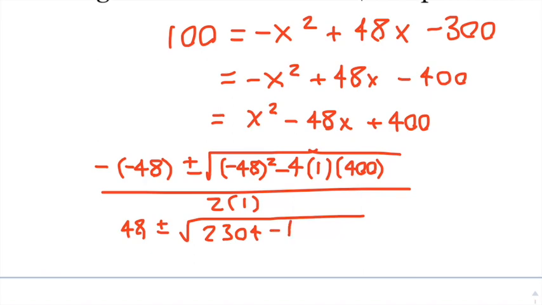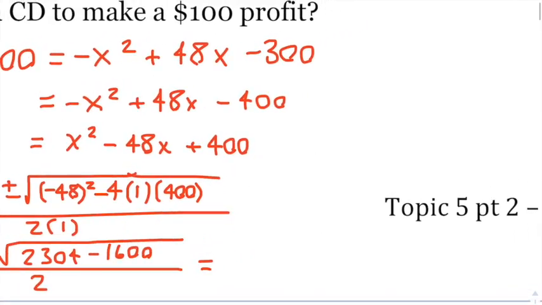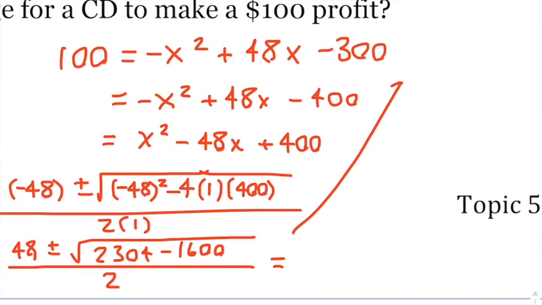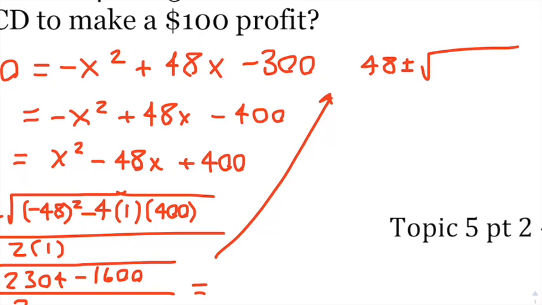Okay, and then minus 1,600, I guess 4 times 400, and then all divided by 2. I'm running out of room here, so I'm going to write it up towards the top. So obviously 48 plus or minus, when you subtract the 2 inside the radical, you get 704. And I do not think that's a perfect square.